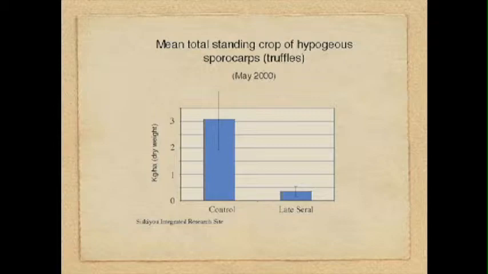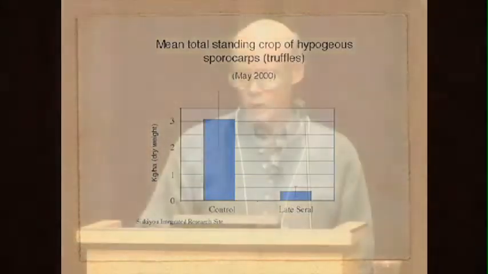And then in the late seral treatment, we weren't really provided with the final numbers on what that meant in terms of basal area retention or canopy cover, but I'm estimating, just looking at the aerial photos, that perhaps it was 20% basal area retention based on what was there before. So it dropped off more or less proportionally, and that makes some sense because the carbon supply has to feed the fungus to make the truffles, or the sporocarp.